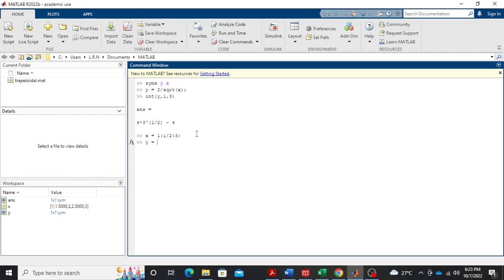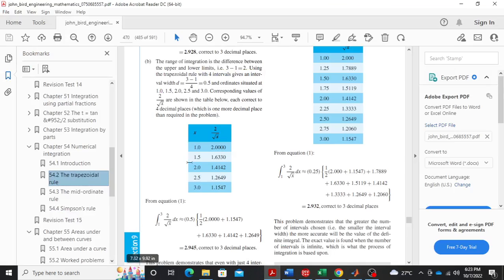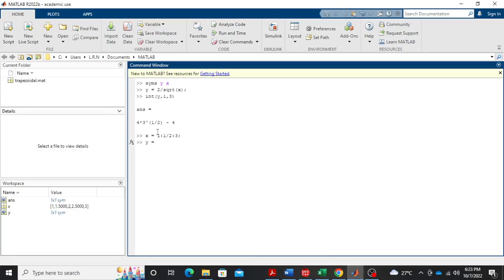By the way, this way of encoding x is equivalent to this one. This is the lower limit of the integral. This is the width of interval we computed, and then this is the higher limit or the upper limit of the integral.